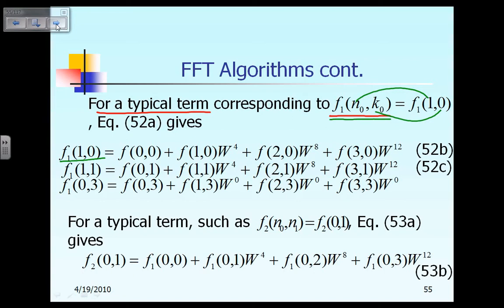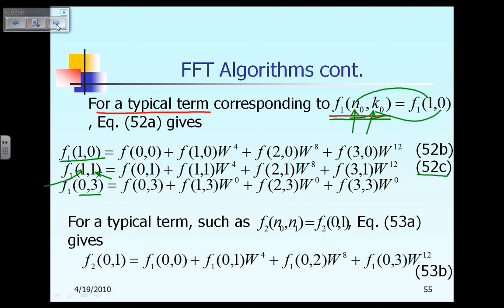Similarly, if you let the value of n0 be equal to 1 again, but now you let the value of k0 be equal to 1, then you will get equation 52c, and so on. If you let the pair of values for n0 k0 equal 0, 3, then you get another equation for f1.